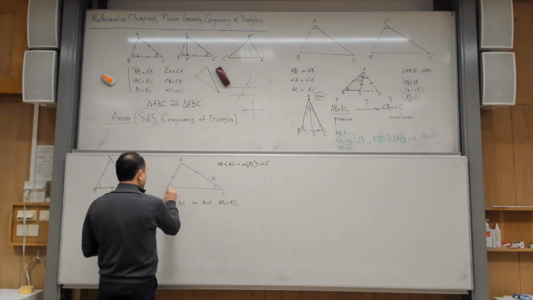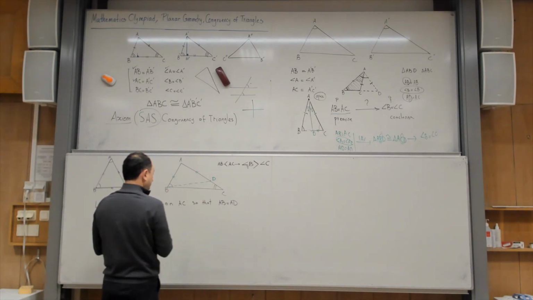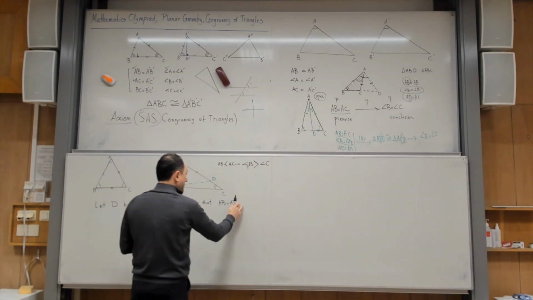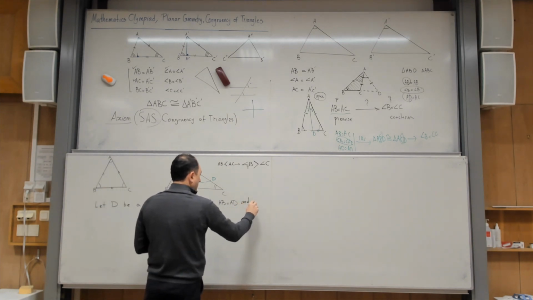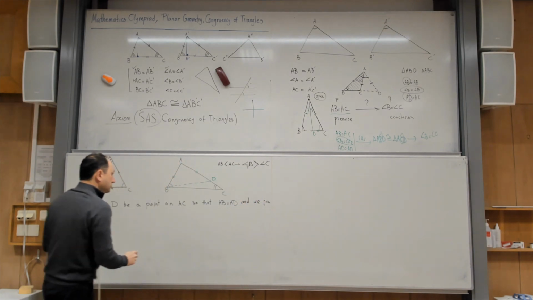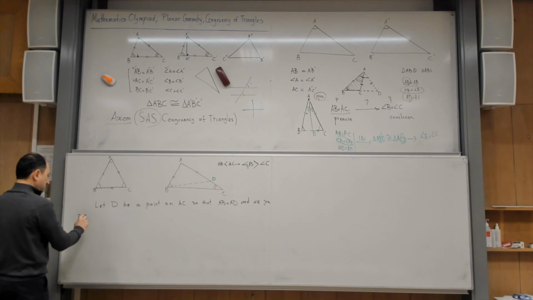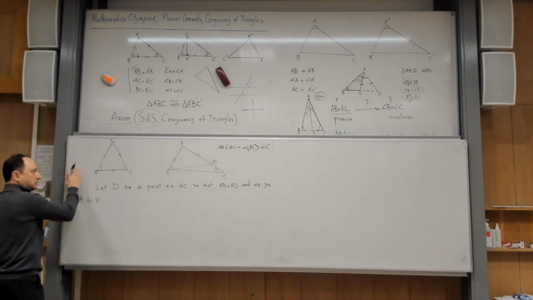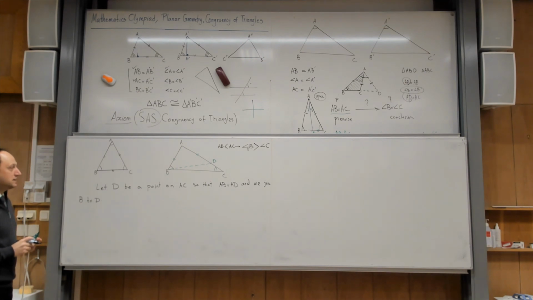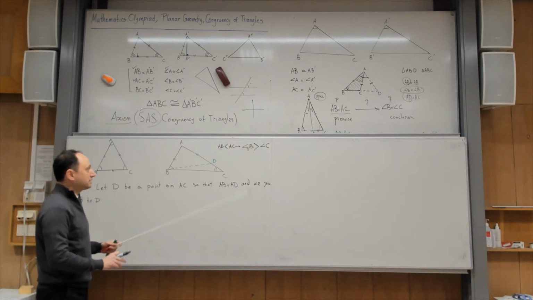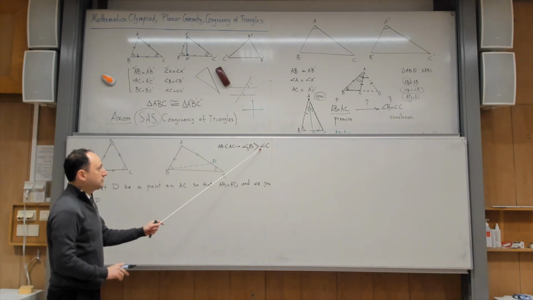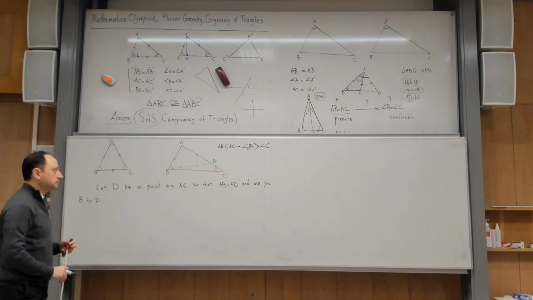So we join B to D. Okay, so you have to explain these things. Now I think it is very clear. Now, how can I convince you that angle B is greater than angle C?